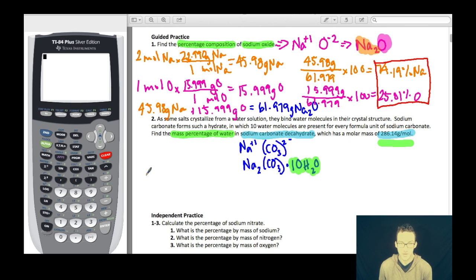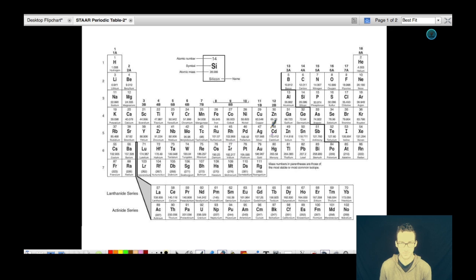So this problem is solved the exact same way. Note how I do this. I've got 10 moles of H2O in this compound that I'm trying to figure out the mass of. So I've got moles of water, grams of water, boom. Okay, now as I work to solve what the molar mass of this is, it's a compound, so I'm always going to go to my periodic table here.